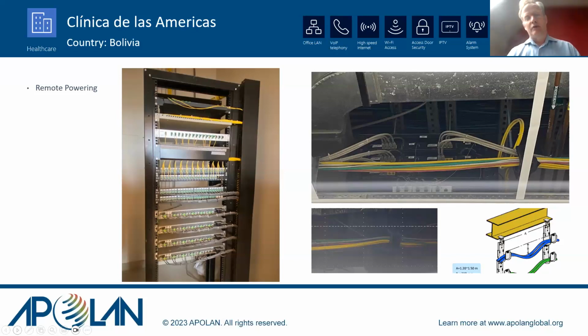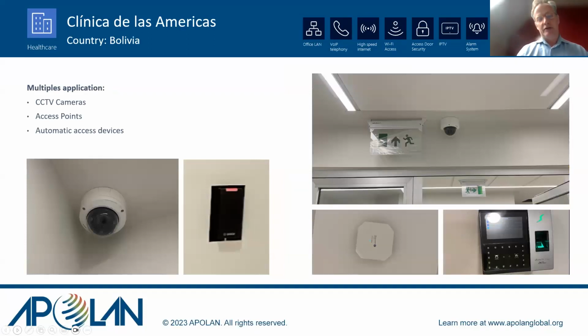Also, different powering options are available there. We can skip forward. Again, illustrations that all different types of services are connected. Even the parking lot outside of the campus is all connected over the optical LAN.